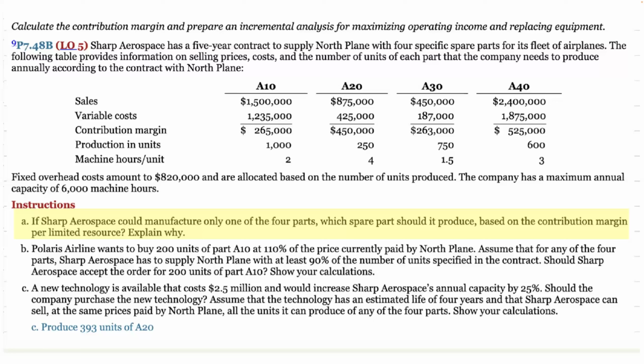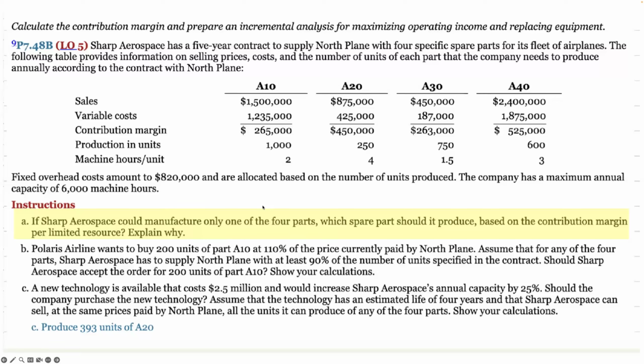So the first question is asking, if this company could manufacture only one of the 4 parts, which spare part should it produce based on the contribution margin per limited resource? Explain why. So in this case, what is the limited resource, right? We just talked about the limited resource is the machine hours.